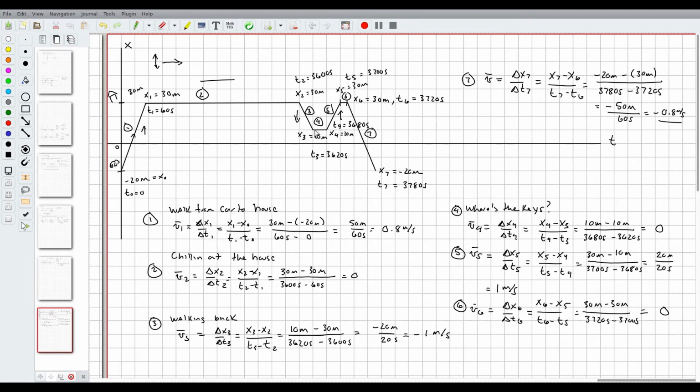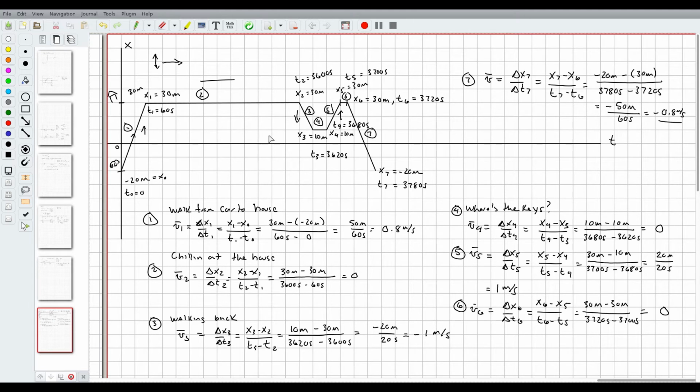This has a negative slope, and if you were to actually draw this out and keep correct scale along t, which isn't really possible here because we'd have to have at least 3,720 squares going this way drawn to scale.